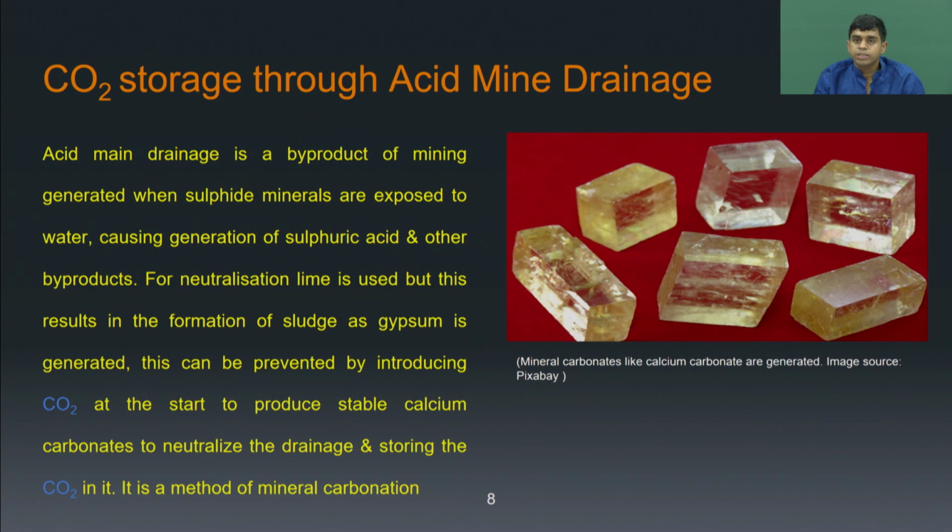For neutralization, lime is commonly used, but it has the side effect of producing sludge due to the formation of gypsum. Now, in order to prevent this and in order to store CO2, CO2 is introduced at the start of the process so that stable mineral carbonates can be formed, particularly calcium carbonate, calcite, and the CO2 could be stored in the mine drainage itself. This is a method of mineral carbonation.